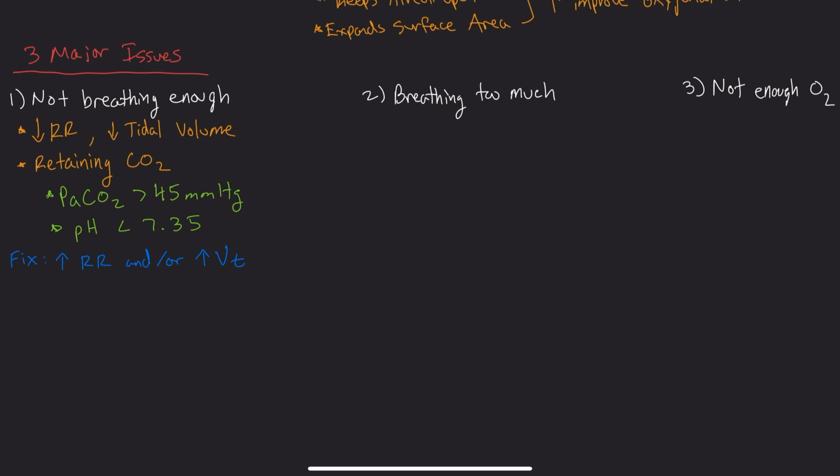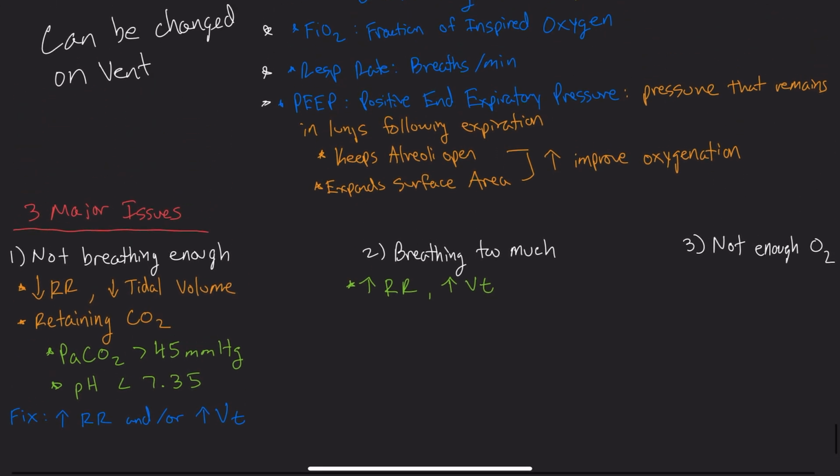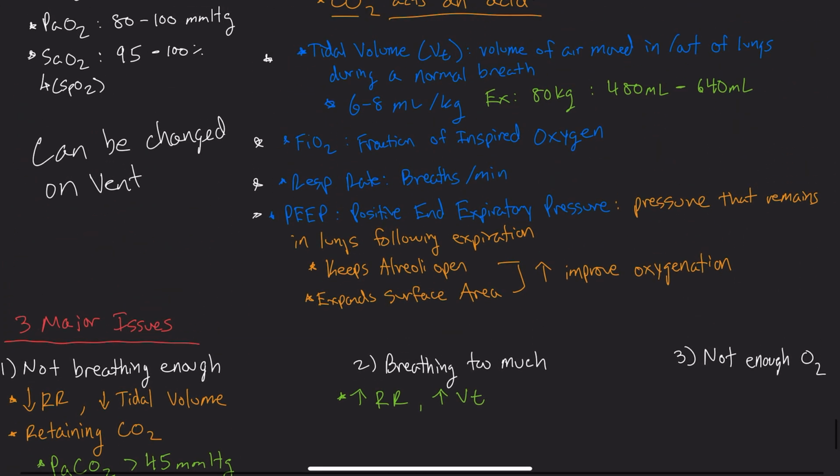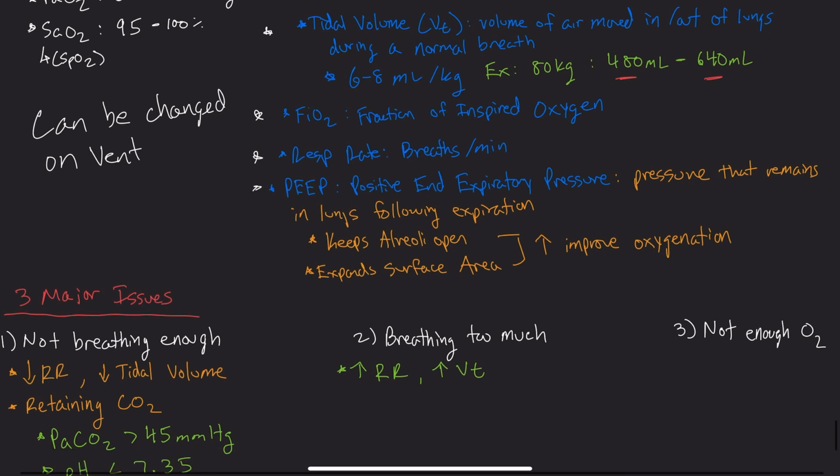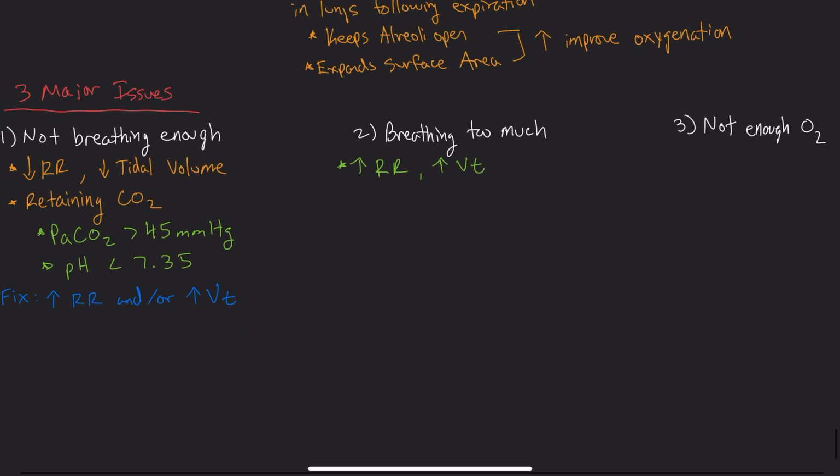Okay, we'll move on here to where the patient is breathing too much. In this example, the patient might have an elevated respiratory rate or an increased tidal volume. So let's say we talked about if our patient was 80 kilos, right? We said 640 would be normal. So if they're breathing too much, maybe their tidal volume is, let's say, 800 instead of 640.